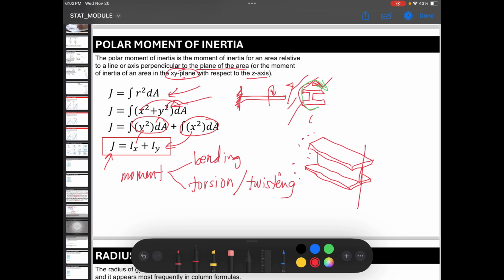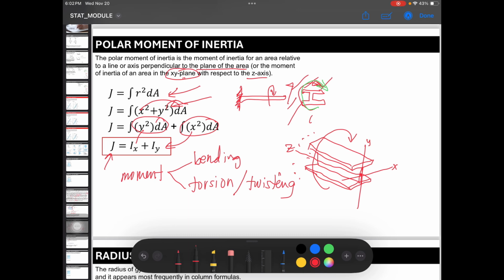So, our sections, may x and y axis yan. Mga imaginary ganun sila pag na-evaluate kasi, may local axis sila, x and y, dun sa centroid nila, sa gitna. So, eto yung plane ng section natin. So, polar moment of inertia or yung twisting happens pag ganyan. So, anong twisting dyan? Di ba si z-axis?